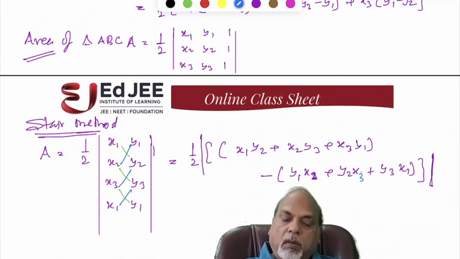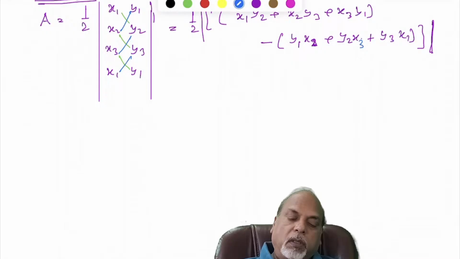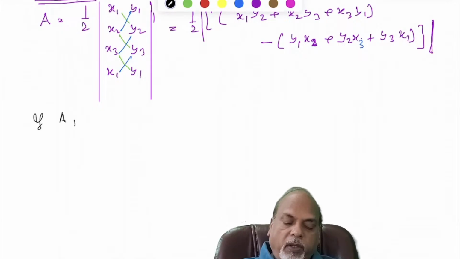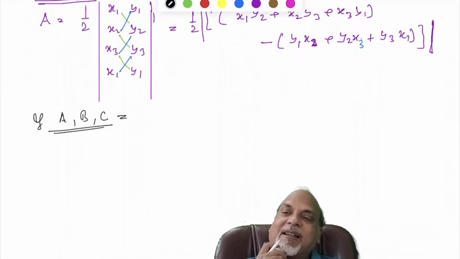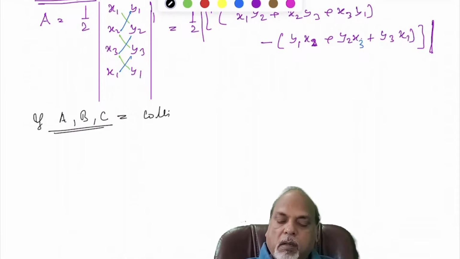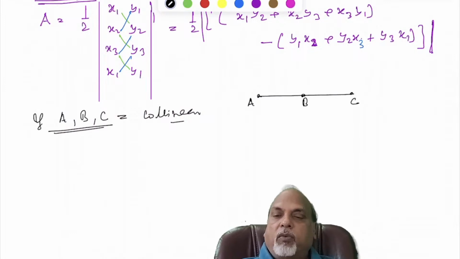Now, suppose you have to prove that these 3 points A, B, C are collinear, means they are on the same line. Then of course, what will be the area found by these 3 points?